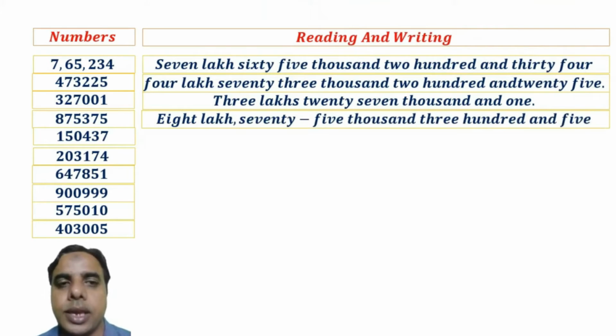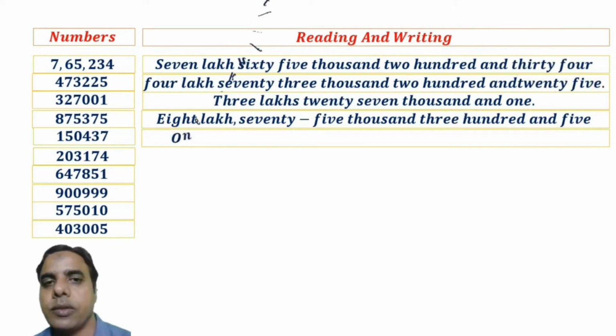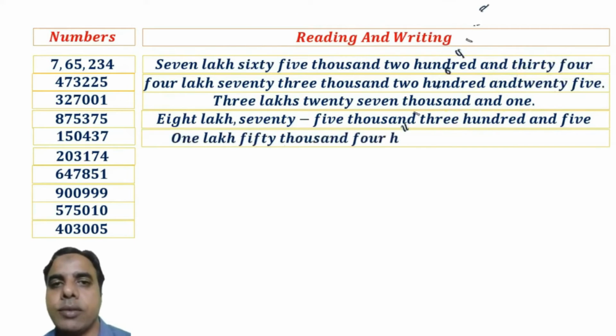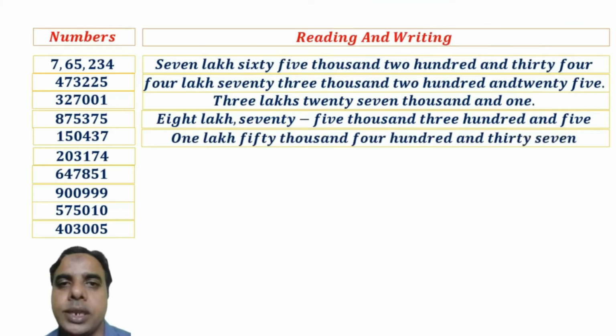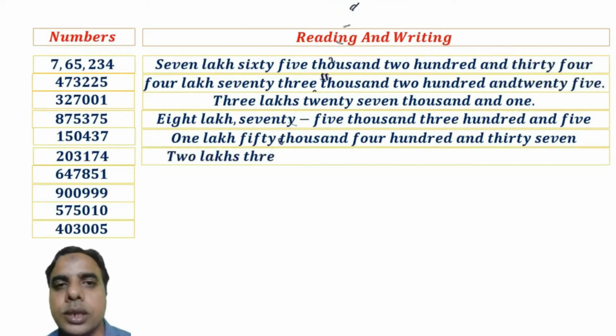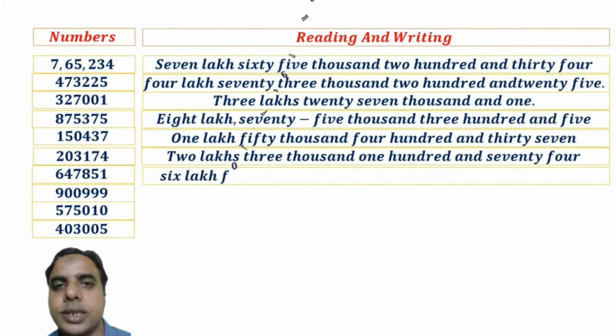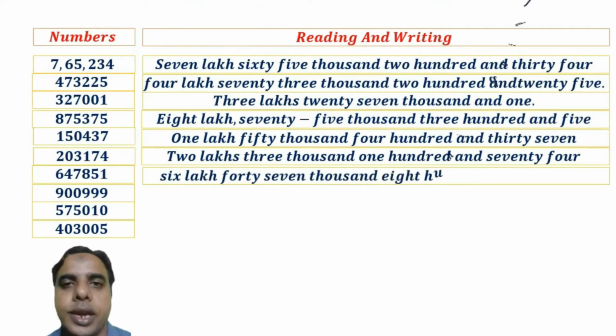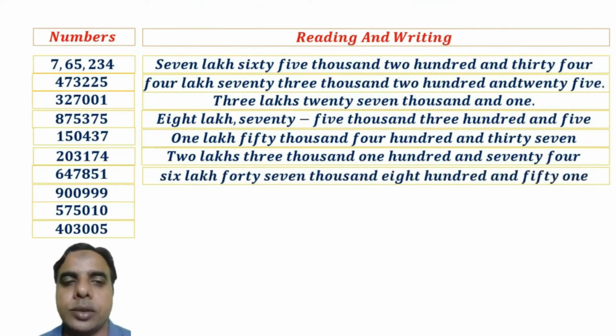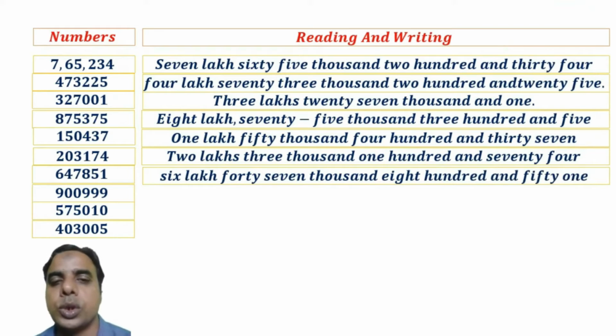Then 203174, that is 2,03,174. Thereafter 647851 means 6,47,851. Okay, so like this we are supposed to do this exercise.